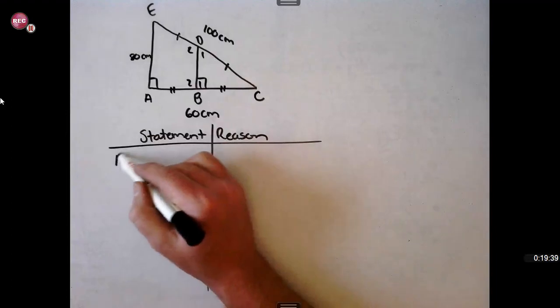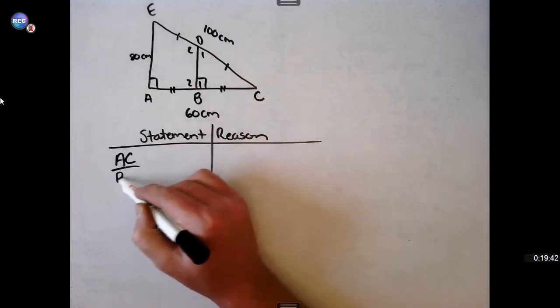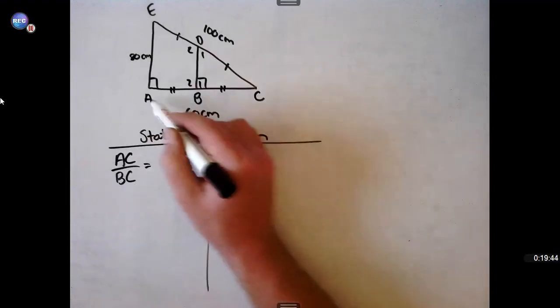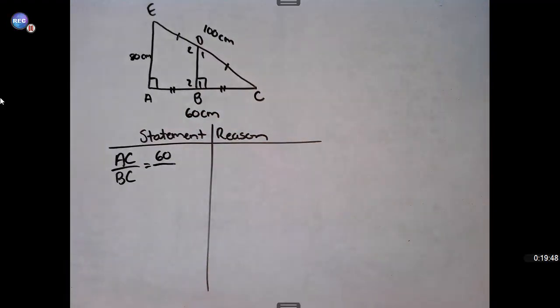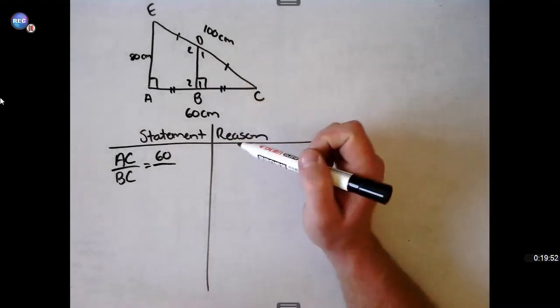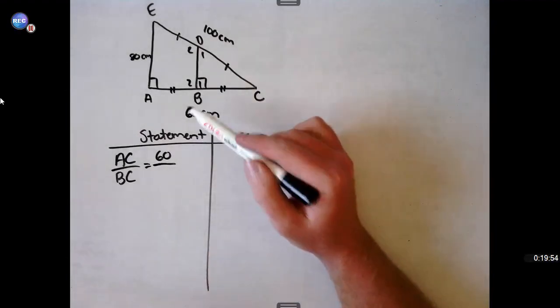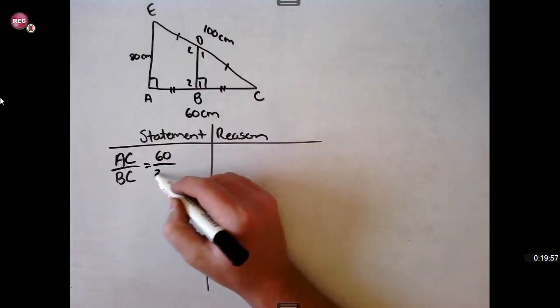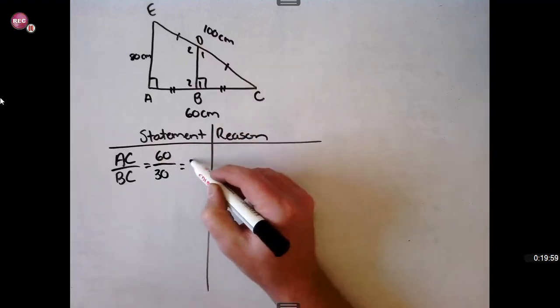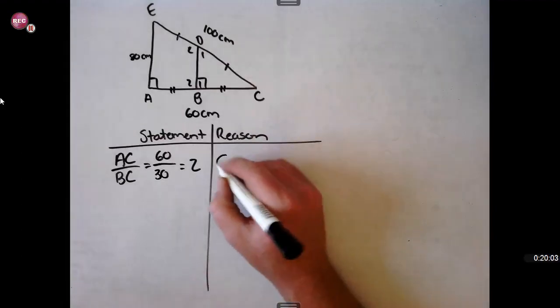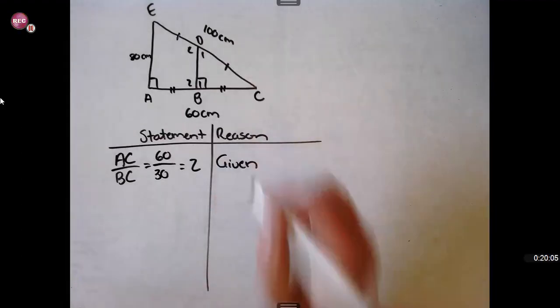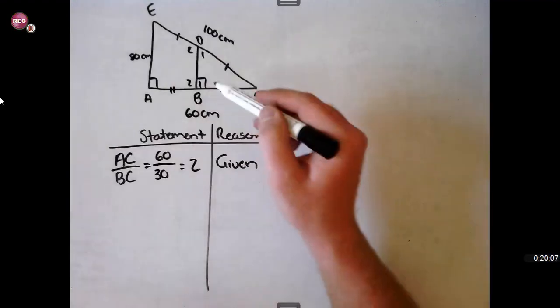So AC divided by BC, and that would be 60, because AC is 60. And then you're going to ask me, but what is the length of this side over here? So you basically take the 60 and you divide it by 2. So it will give you 30. And then your ratio would be 2. In your reason, you'll say that it's given because they gave you the measurements.